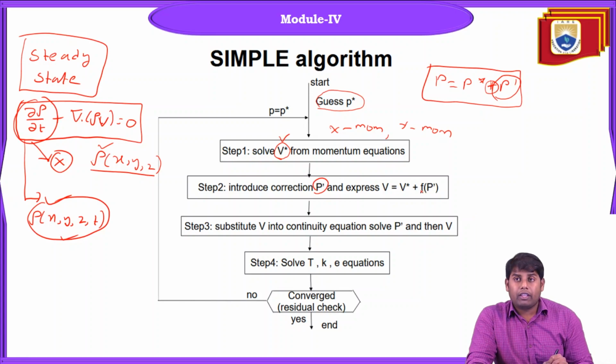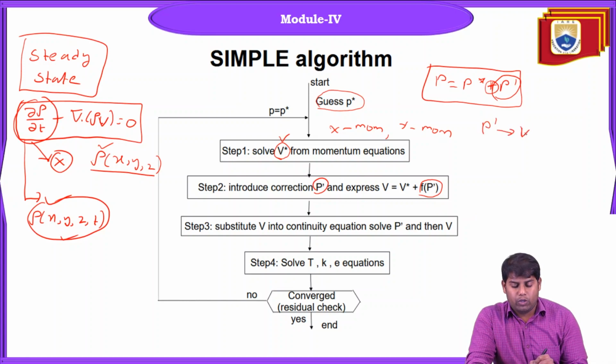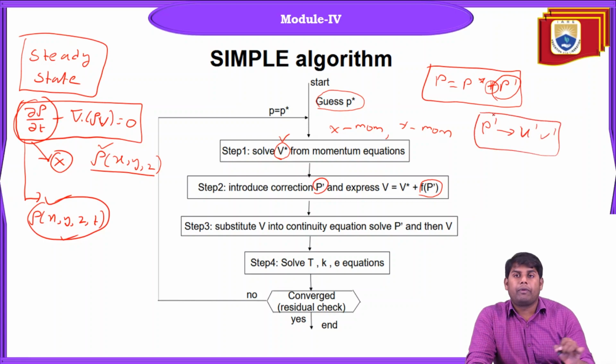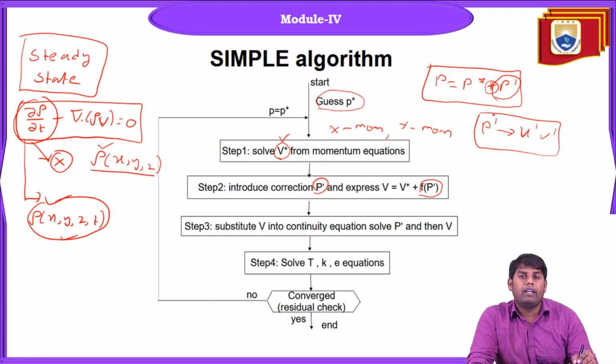Once we get the actual value of P, from the P dash we will get U dash and V dash. From the pressure correction equation, we will get the velocity corrections along U velocity and along V velocity.